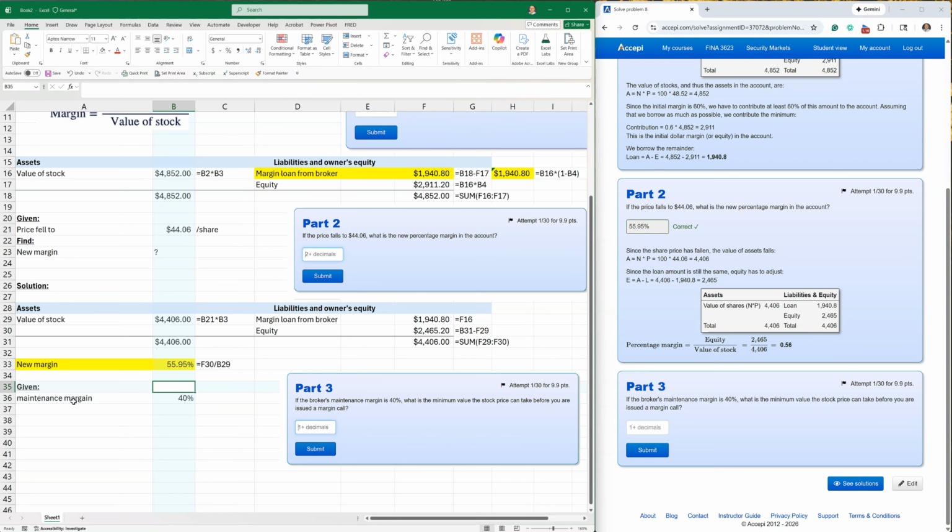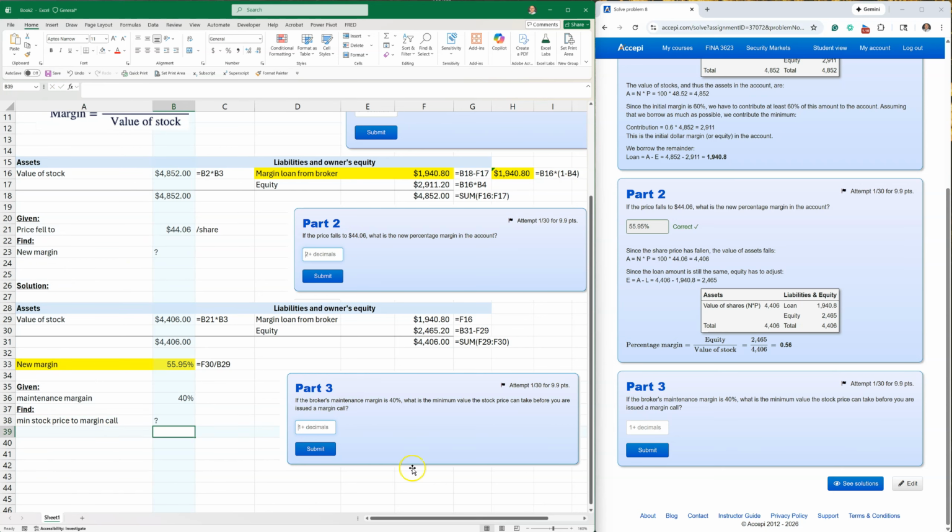So initial margin is 60, but maintenance margin is 40. If your equity falls below 40, you're going to have to put in some more money and raise your equity back up. That's called a margin call. So the biggest thing we want to know is how low can the stock price go before I have a margin call: the minimum stock price to margin call.